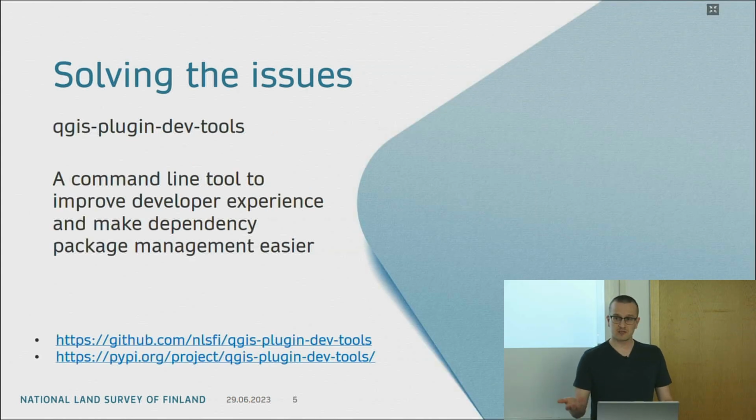So to solve these issues, we created a library called QGIS Plugin DevTools, which is essentially a command line tool to improve the developer experience and make dependency management a lot easier. It's available on our GitHub and also installable from the Python package index.